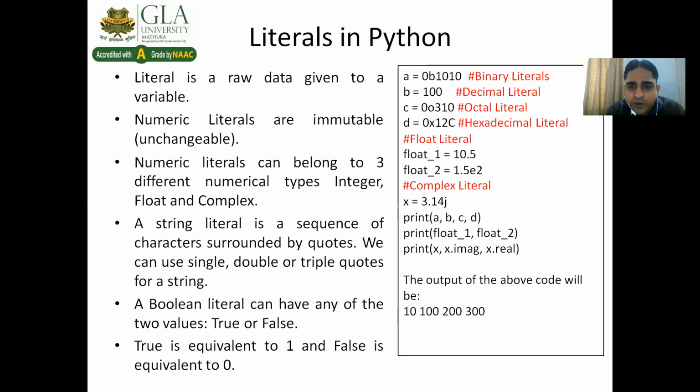Then if you print float1 and float2, the float1 value is 10.5 and the float2 value is 1.5 times 10 to the power 2, which is 150. And the third part, printing the value of x, would be 3.14j. You can print only the imaginary part, which would be 3.14, and you can print the real part, which is 0.0 obviously.